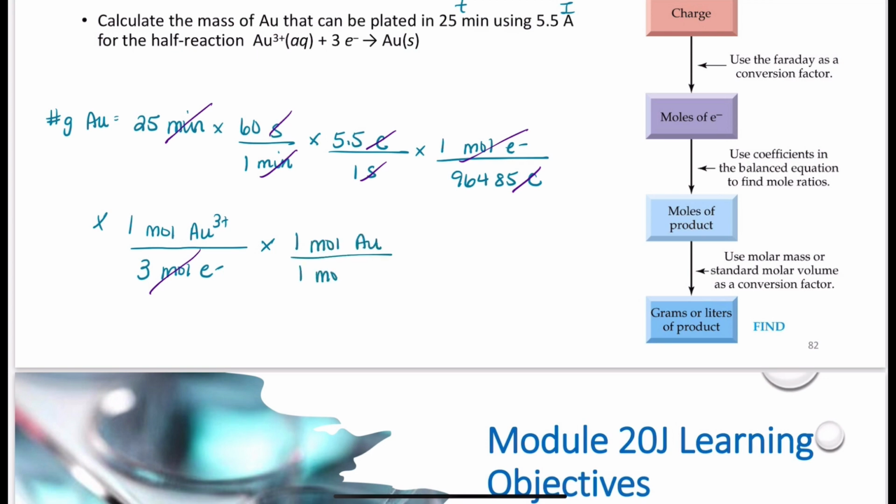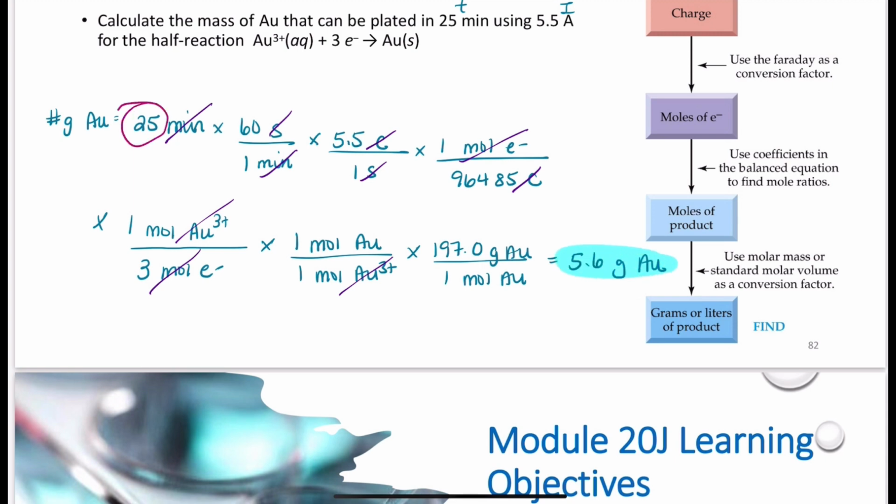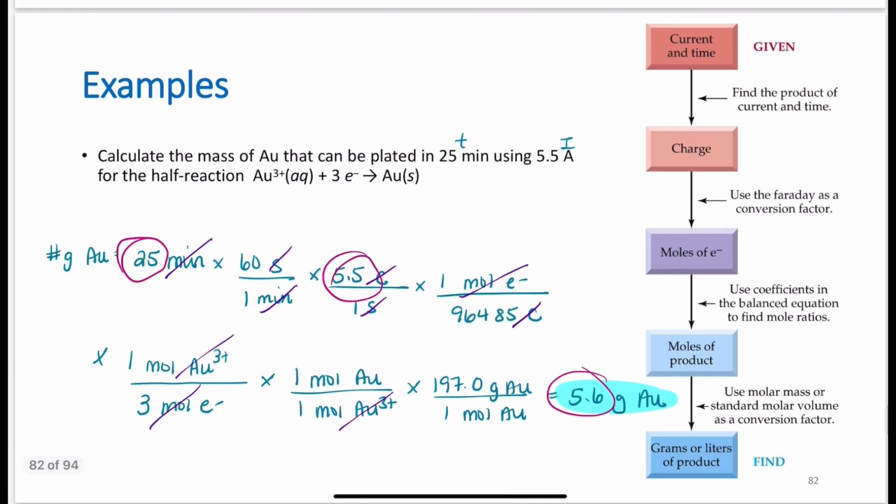Again, just reiterating where those values are coming from, how we're transferring. Atomic weight of gold, 197 grams to 1 mole. 5.6 grams of gold. And again, we start off with 2 sig figs here, 2 sig figs here, 2 sig figs to finish.